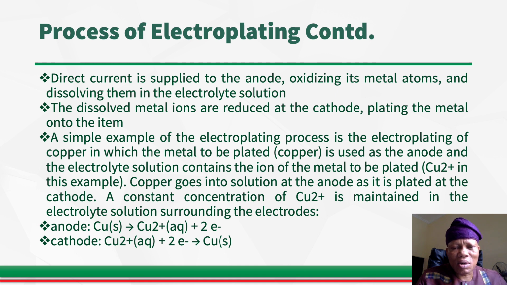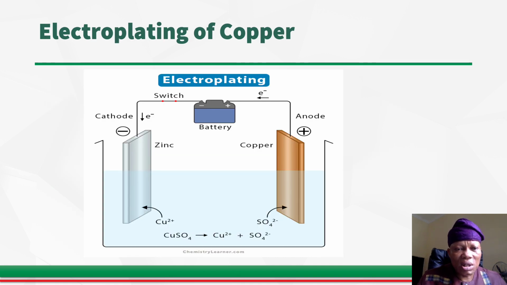A constant saturation of copper 2 ion is maintained in the electrolyte solution surrounding the electrode. As you can see, the anode equation there, the cathode equation there. So this is the diagrammatic expression of electroplating of copper.